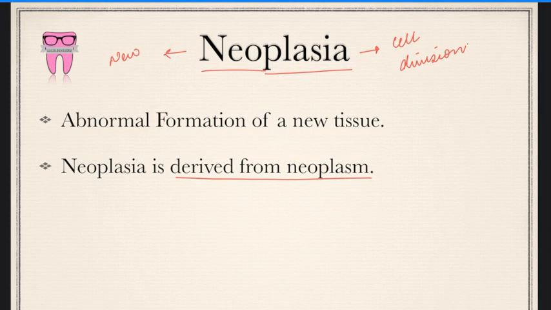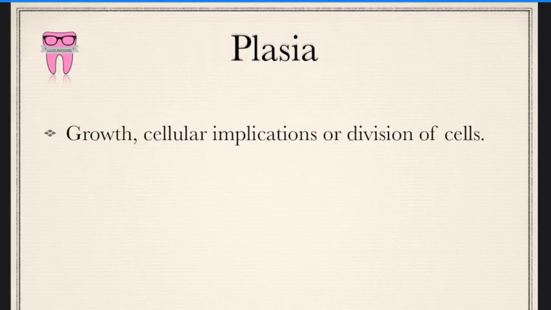Moving on to the next term or word, we have plasia. Plasia, as I said in my previous slide, deals with cell division. Okay, so let's see its definition. It's growth, cellular implications, or division of cells.